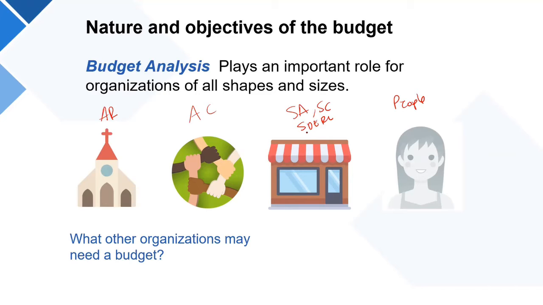What about the government? Do you think the government uses a budget? Yes, definitely. Here in Mexico, it's actually a law. It's called La Ley de Ingresos de la Federación. For the government to work the next year, the Treasury Secretary needs to present a budget, and that budget needs to be approved by the lower house, that is the Congress.